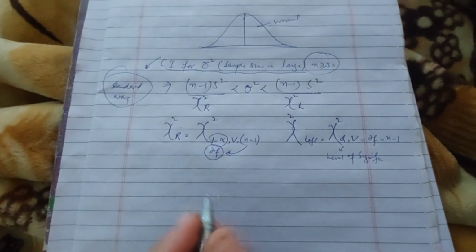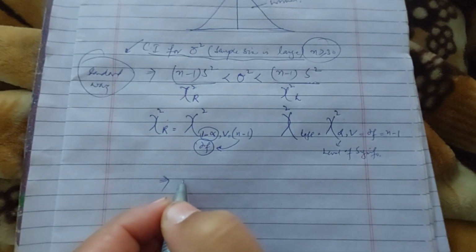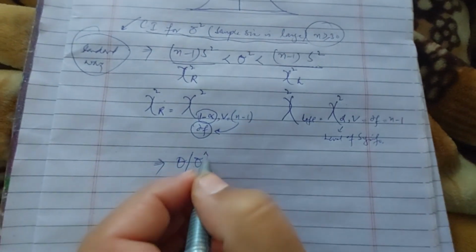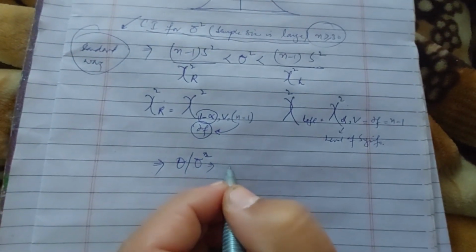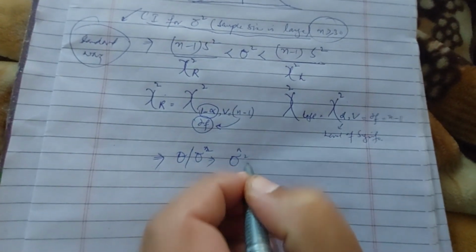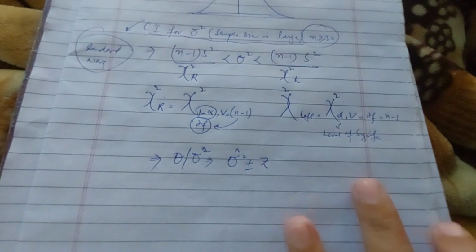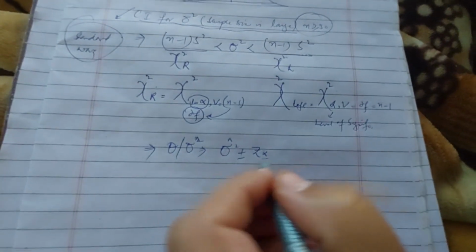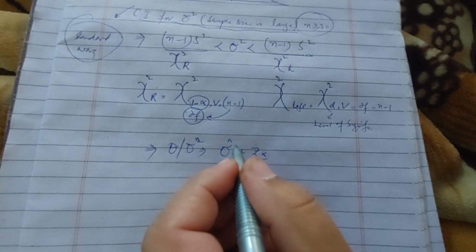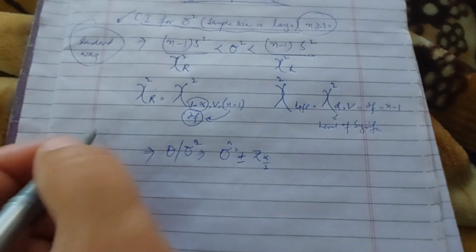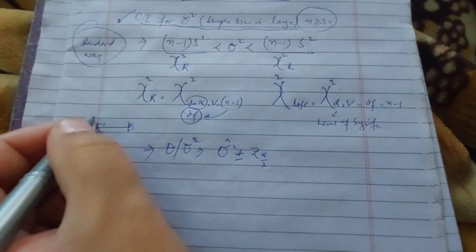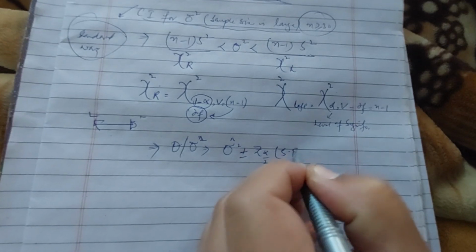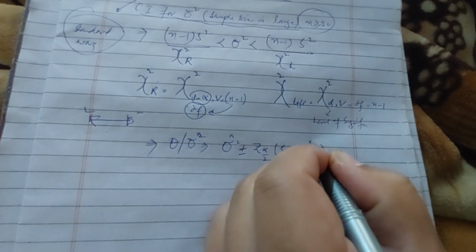For the confidence interval of sigma square, we say that the estimated value of sigma square plus minus z alpha by 2, because it is two-sided, so we need the range for the left and right sides, into the standard error for sigma square.